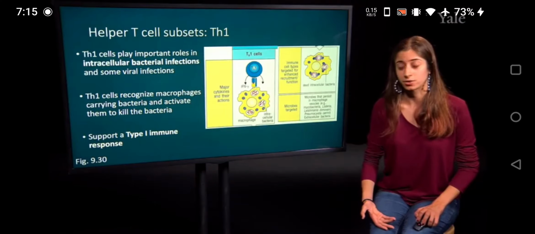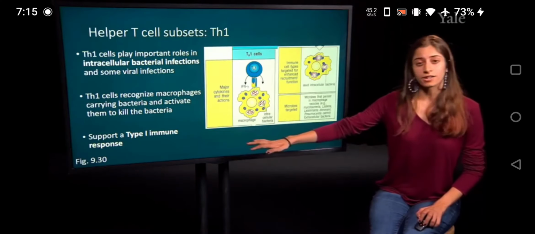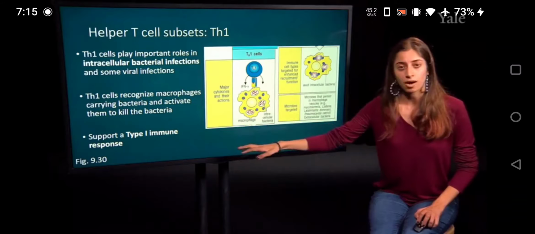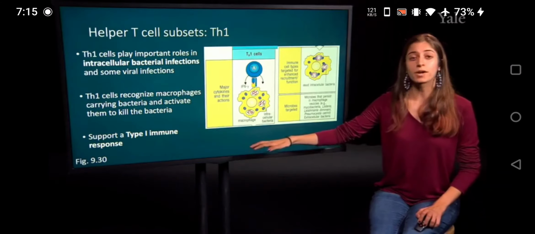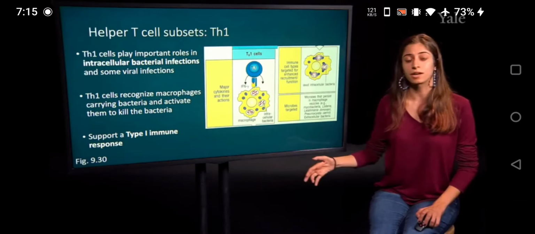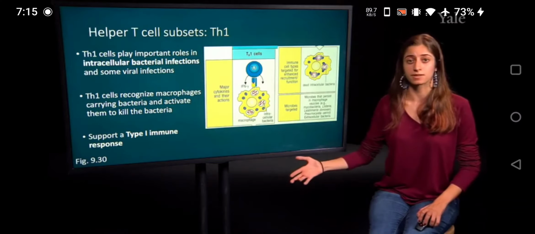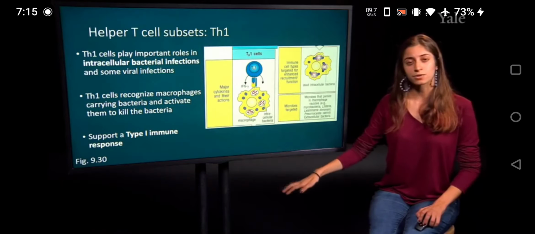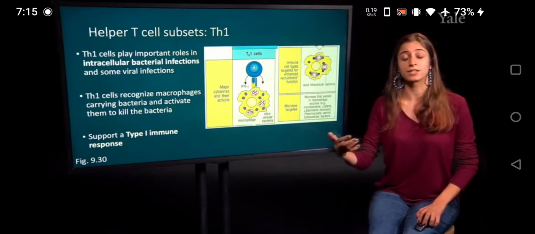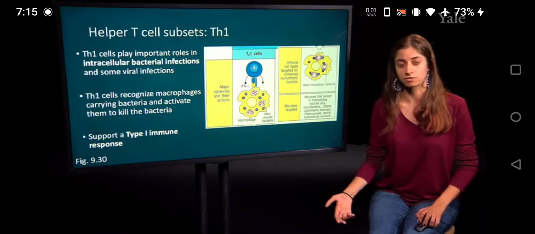All in all, the functions of the Th1 support what we call a type 1 immune response. This is something that we'll address a little later, but keep this in mind. An immune response that's characterized by Th1 differentiation and effector function is an example of type 1 inflammation or a type 1 immune response.